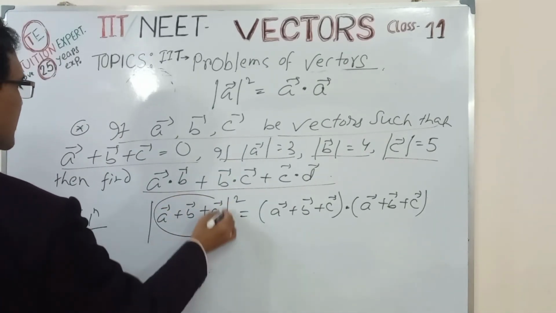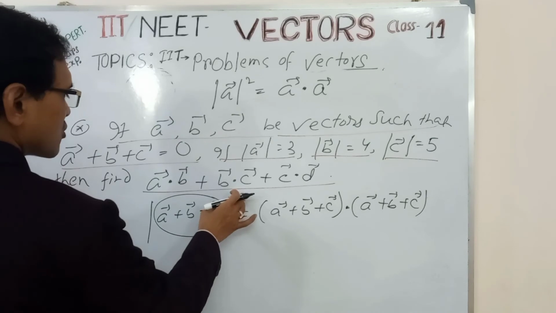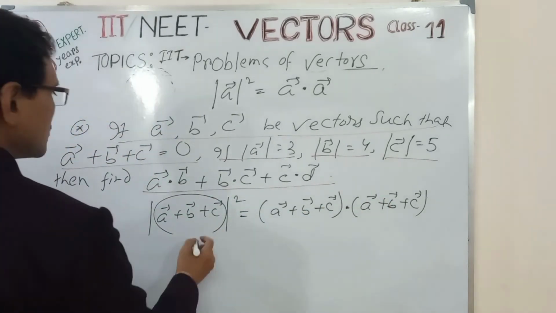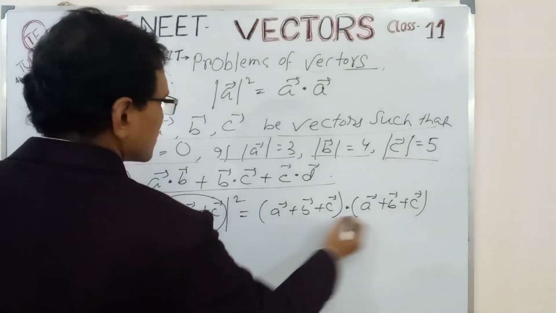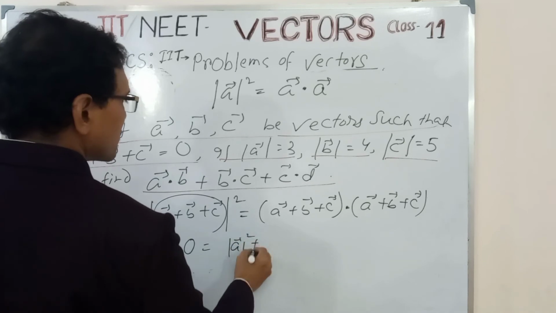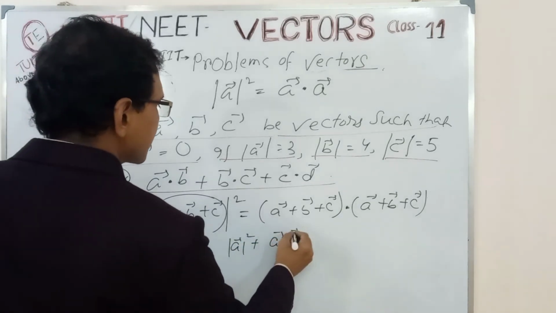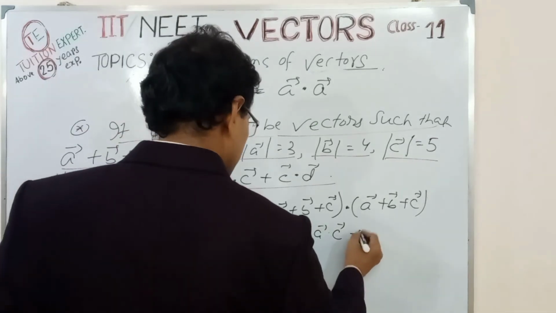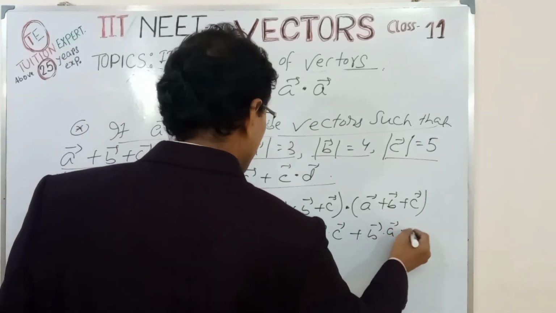Suppose this is a single vector. So this mod square equal to this dot this. Now this value is 0. So 0 equal to now A dot A. A dot A is mod A square plus A dot B plus A dot C plus B dot A plus B dot B.